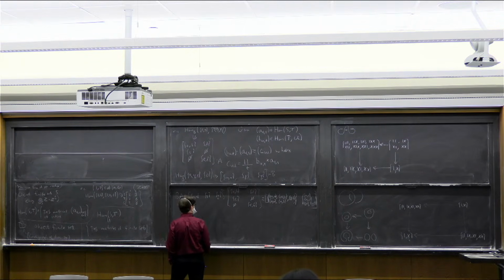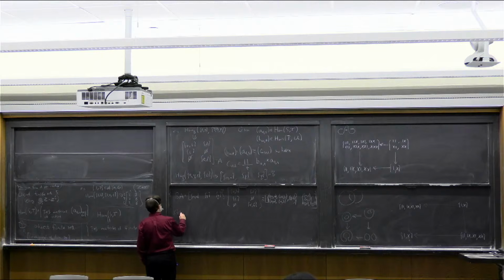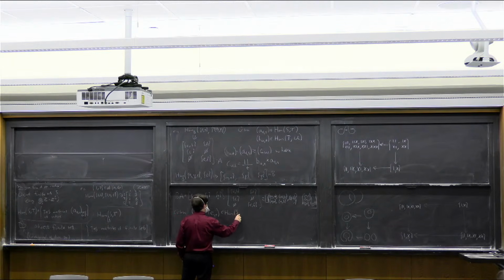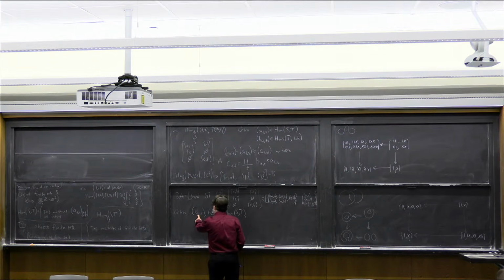But there's more structure here. Given a matrix D, S, T and a matrix E, S, T in Hom from S to T, it makes sense to talk about a map from this to that.